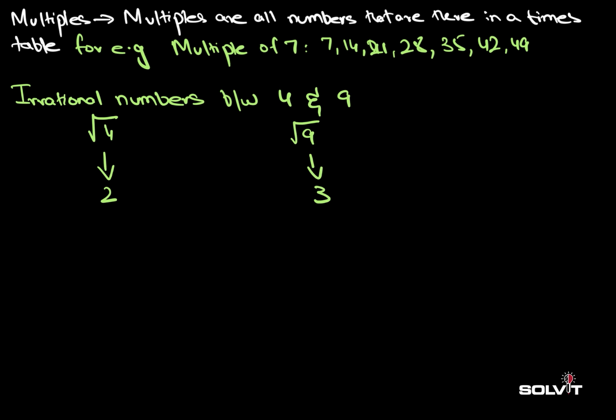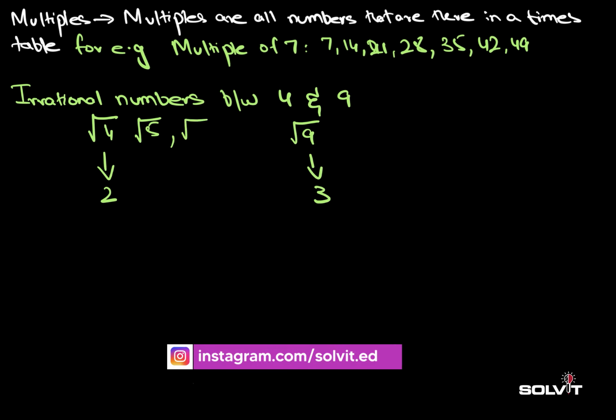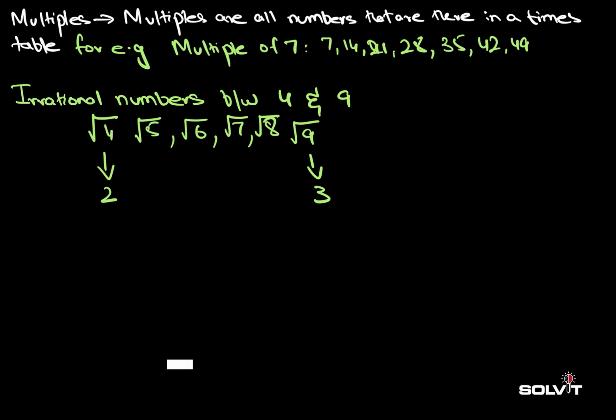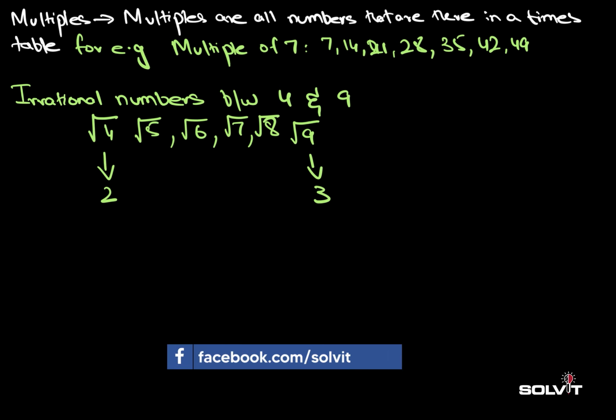So basically the square root of all the numbers between 4 and 9 won't be a perfect square. So the square roots of the numbers between 4 and 9, that is root 5, root 6, root 7, root 8, are said to be irrational numbers. This is because these numbers cannot be written in fraction form, or as the ratio of two integers.